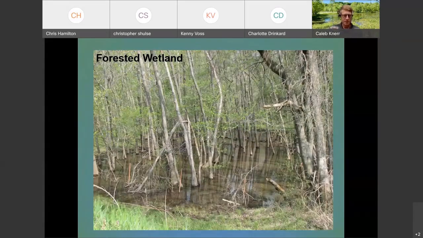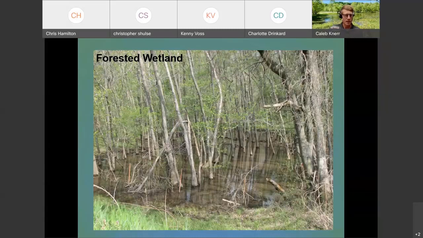And here's an example of a forested wetland in Vernon County on Route F at Drywood Creek. This is dominated by trees greater than 20 feet, and if this wetland was dry and there was no water, you would be able to tell that it's a wetland by the buttressing or the swelling of the bases of these trees.